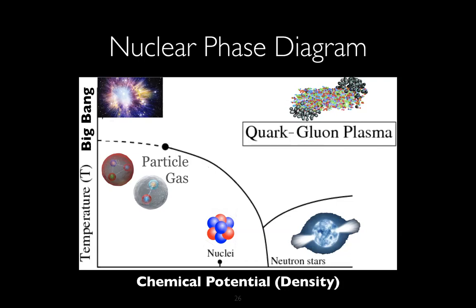These are collided at like 500 MeV per nucleon, right? So if you think about lead with like, what, 90 nucleons, right? There's a lot of energy in each nucleus, and so just that energy of the collision is what takes it from this phase of nucleus to the phase of quark gluon plasma.